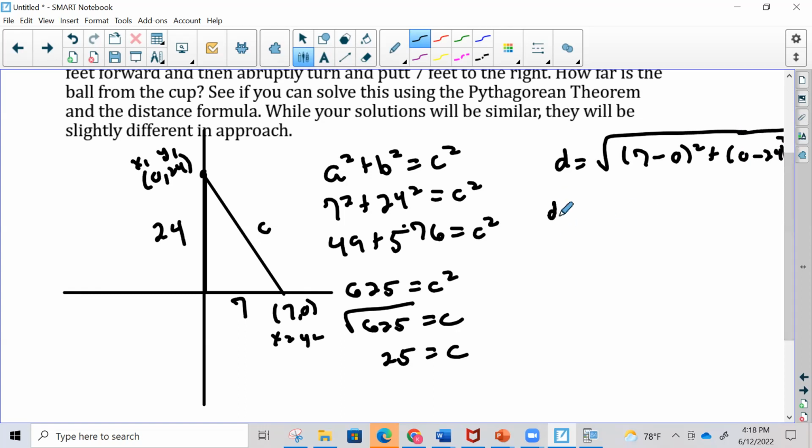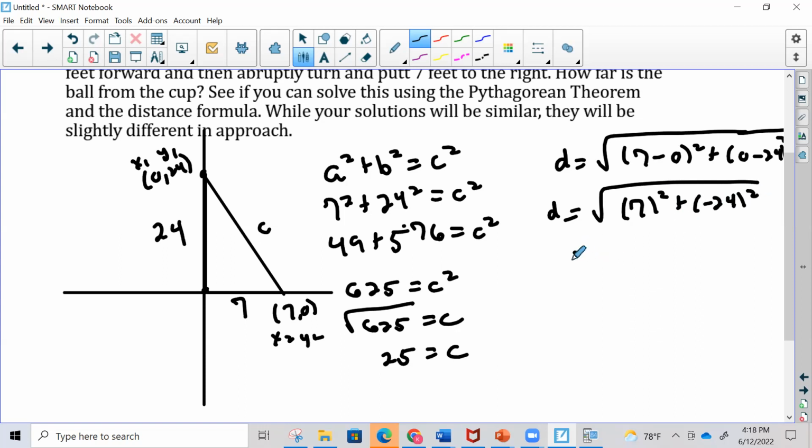Okay. And again, you could put these points anywhere. You could start at 21, 25, and then you would just have to subtract 24 to get to your next point and go right 7. But it's much easier to set it up with the origin where these two sides intersect. So then we get 7 squared plus -24 squared.